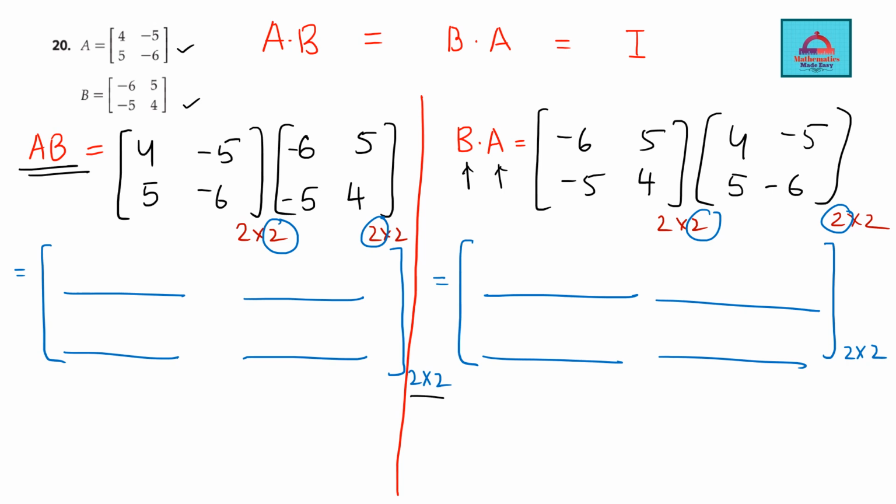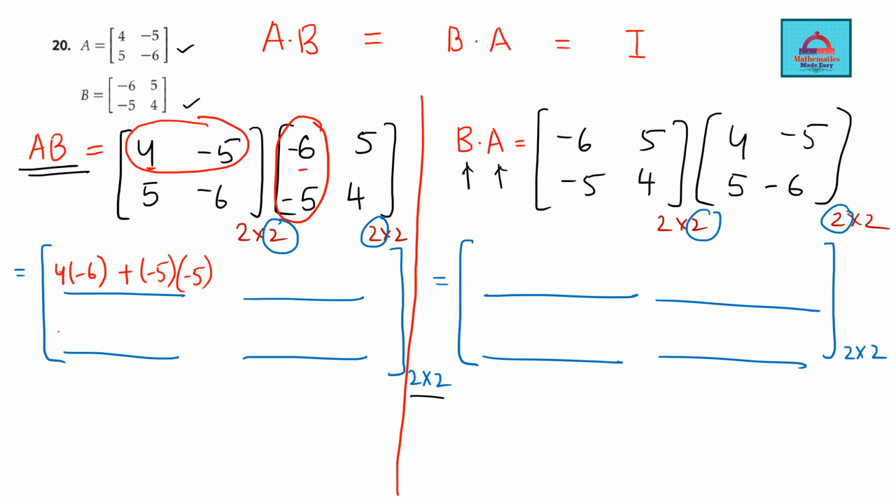Okay, so let's do it. Now I'm going to change the color. This is my first row, first column. So I take the first row of this matrix and the first column. Let's multiply 4 with minus 6 plus minus 5 with minus 5. Order is important. If you have two negatives, make sure you put your brackets correctly and don't make a mistake.